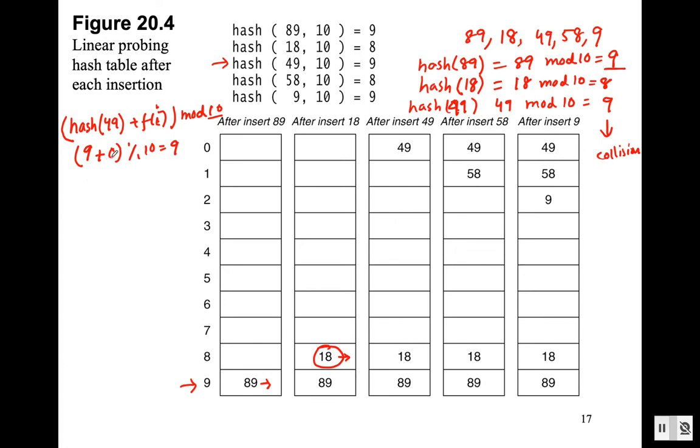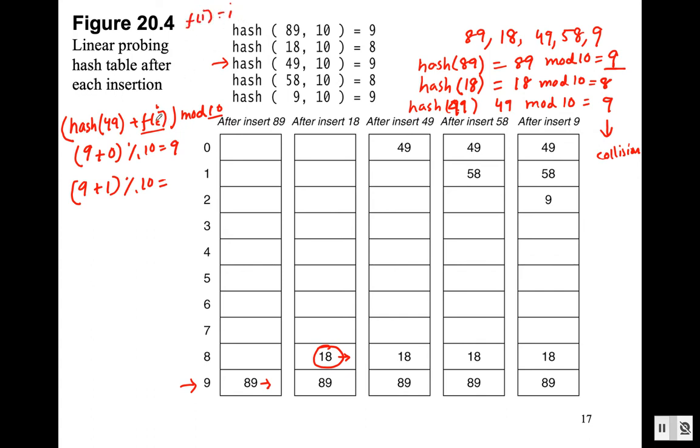Then we are going to use i equals 1: 9 plus 1 mod 10, where this 9 is hash of 49. f of i can be 0, 1, 2 until table size minus 1, and we know that f of i in linear probing is i.